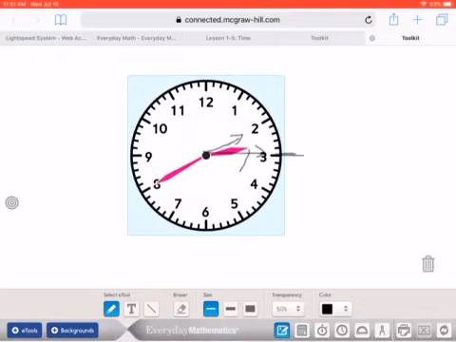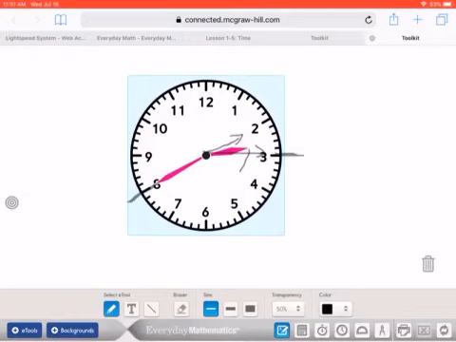Now we're going to be counting the minutes to this tick mark. And so we've been counting a lot by 5s because the large tick marks are 5-minute chunks. The smaller tick marks, remember, are 1-minute chunks. So if it's easier for you to count by 1s all the way around, that is totally fine.